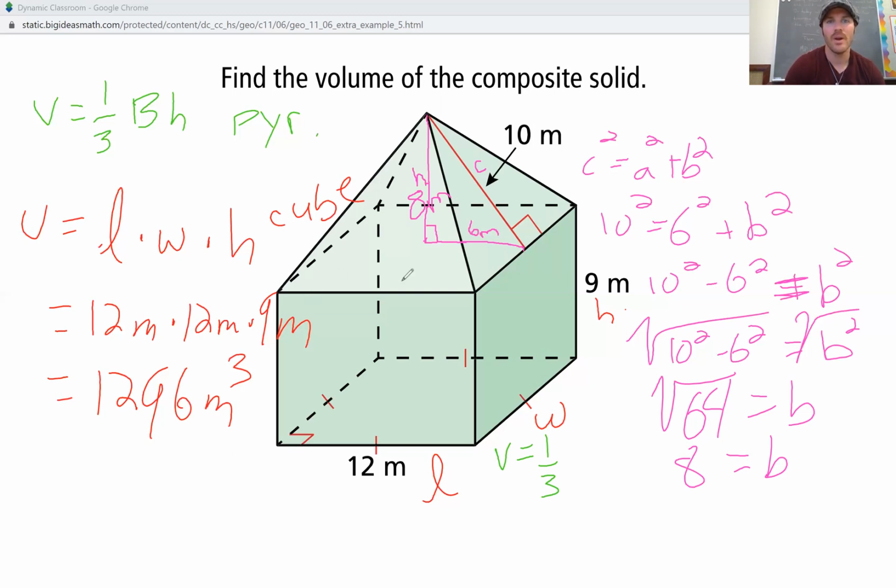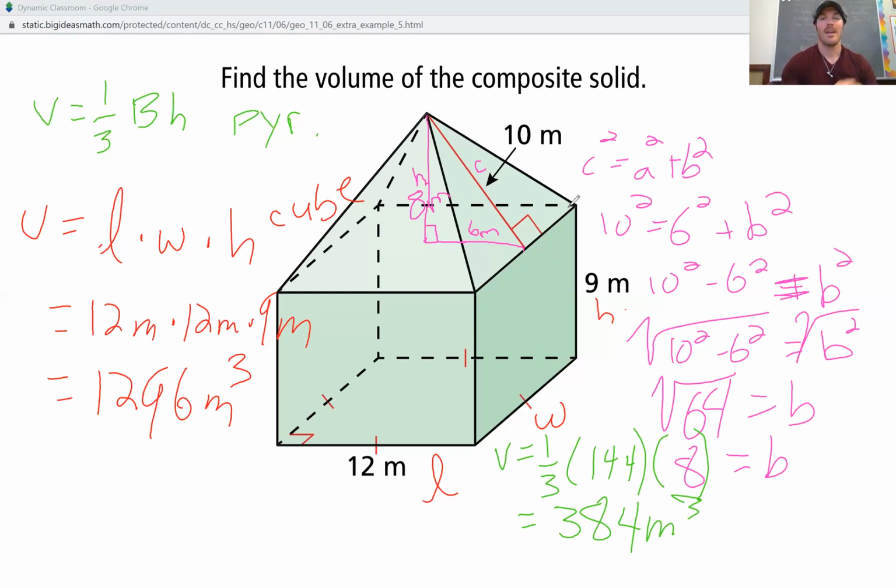So the area of a square is width times length, 12 times 12, 144, times the height, which is 8. That just matched up perfectly. Okay. 8 times 144 divided by 3 is 384 cubic meters. We are not done though.